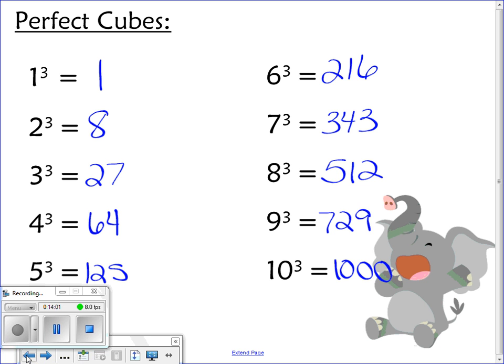Do you guys know how to do the cube root on your calculators? Real quick, let's make sure we know how to use the calculators in front of you. No, hold on. You have to hit 3. Hit the button that says 3. Then you hit the second button.